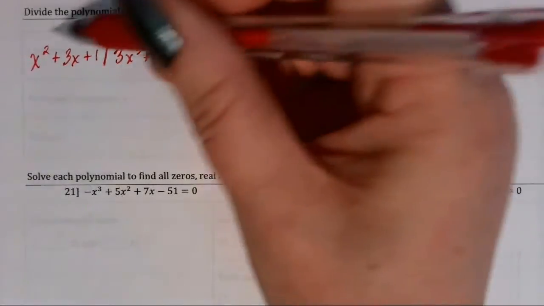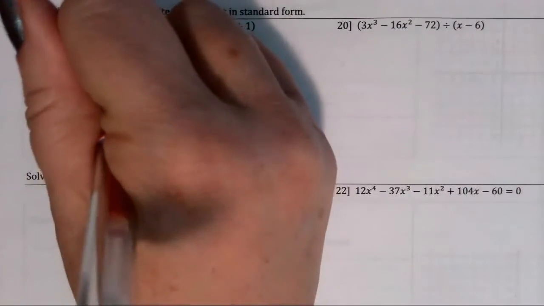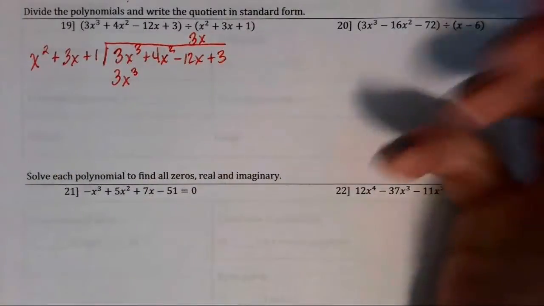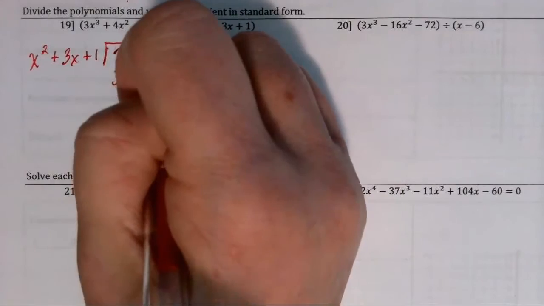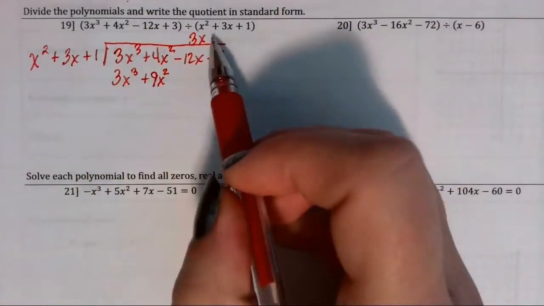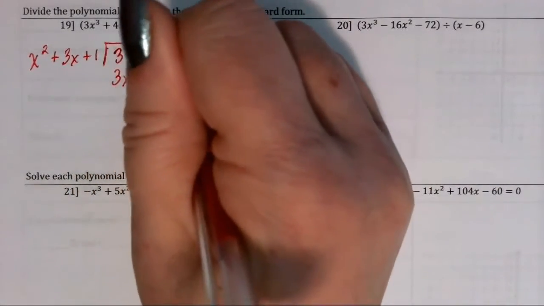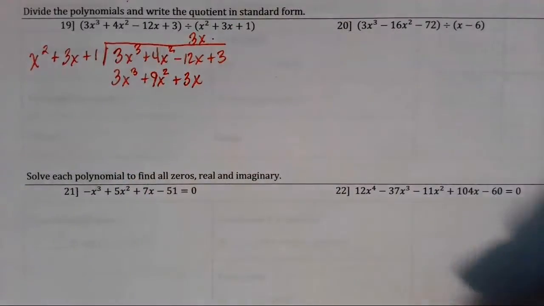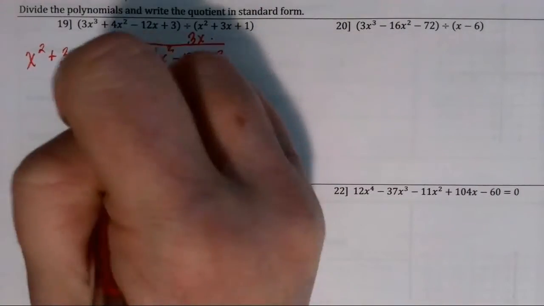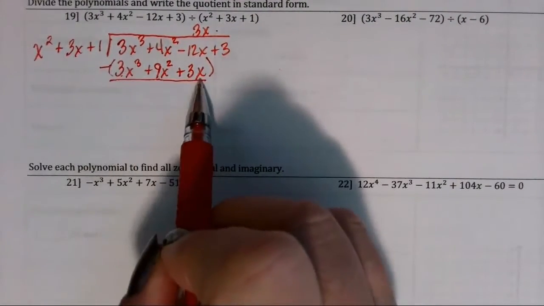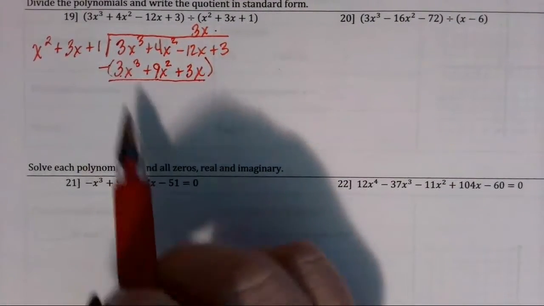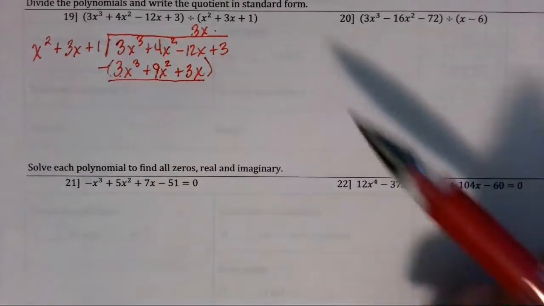Then we multiply. 3x times x squared is 3x cubed. 3x times 3x is a positive 9x squared. And 3x times 1 is a positive 3x. Then we draw a line and change the sign, and remember we have to distribute that negative, so we're subtracting each term when we combine like terms.